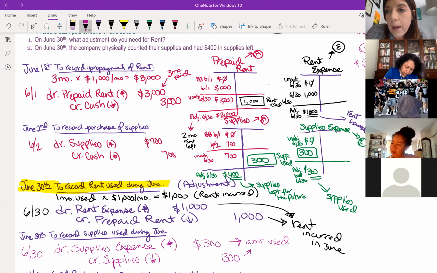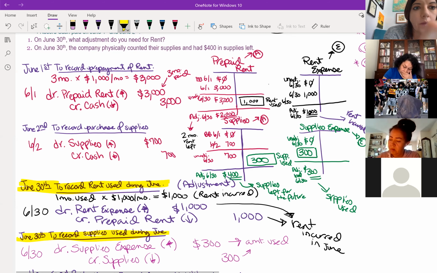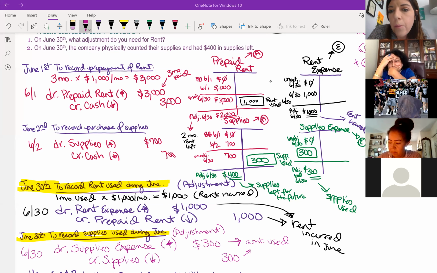It doesn't show you a balance. So obviously this June 30th is also an adjusting entry. Correct. We're showing posting it to the ledger right here.